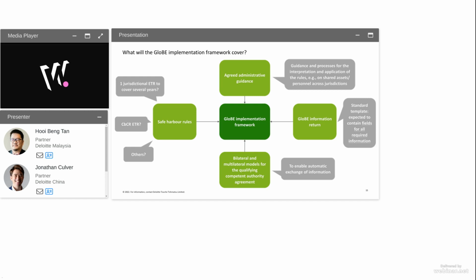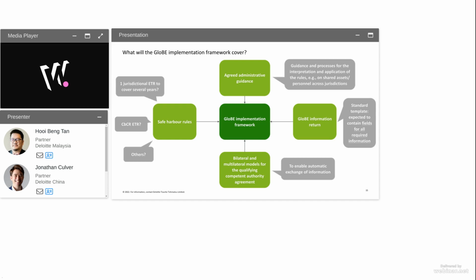Then we also expect that the implementation framework will cover things like bilateral and multilateral models for the qualifying competent authority agreement. So that's very important. Just to recap, the proposal under the Pillar 2 model rules is essentially that the UPE will file the GloBE return in the UPE jurisdiction, whereas in a situation where there's an exchange of information, the constituent entity would just need to notify the tax authorities in that particular jurisdiction.